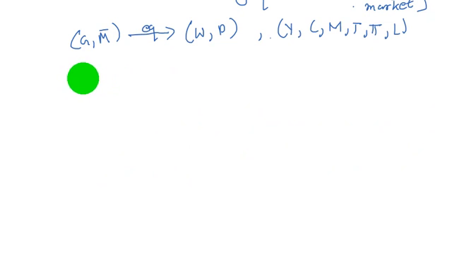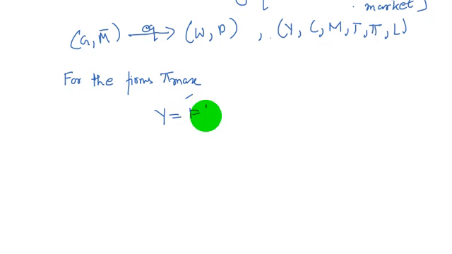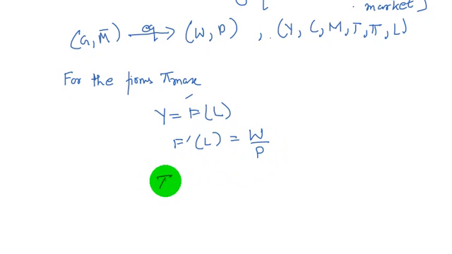Now we'll write the conditions for the firm's profit maximization. Therefore Y equals F(L), F dash L equals W by P, and pi equals PY minus WL.